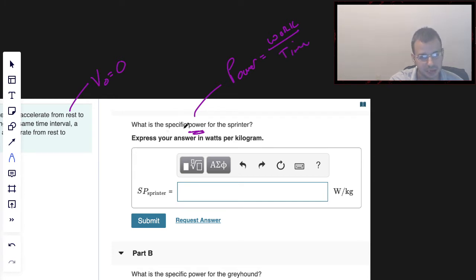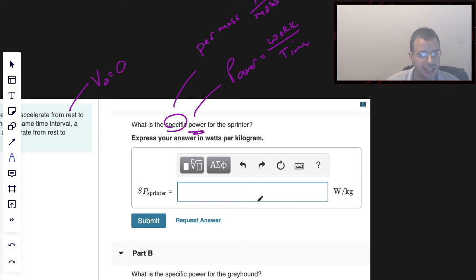And when they say specific, that means per mass, so it's going to be divided by the mass. That's why we have the per kilogram right there.